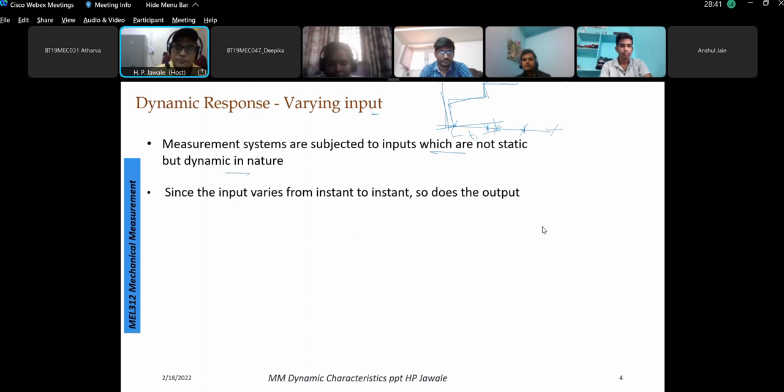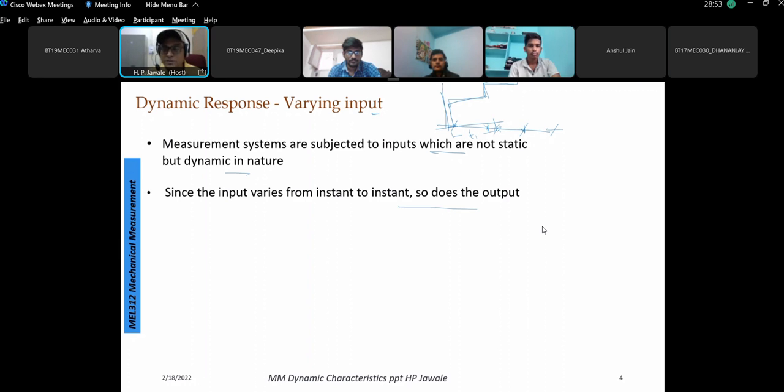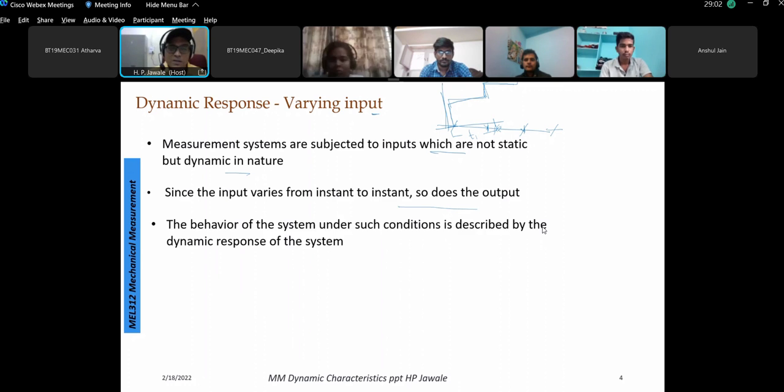Right. So since the input varies from instance to instance, it causes a change in the output also, which is not a faithful representation of either of the signals. Maybe the signal during time interval 1, the signal during time interval 2, and so on will not be faithfully represented at the display of your measurement system. So the behavior of the system under such conditions is described by the dynamic response of the system.